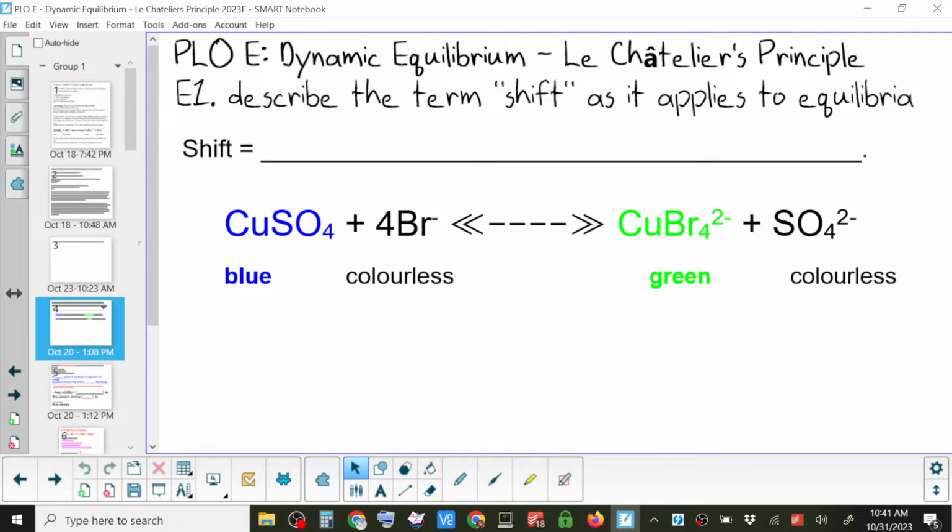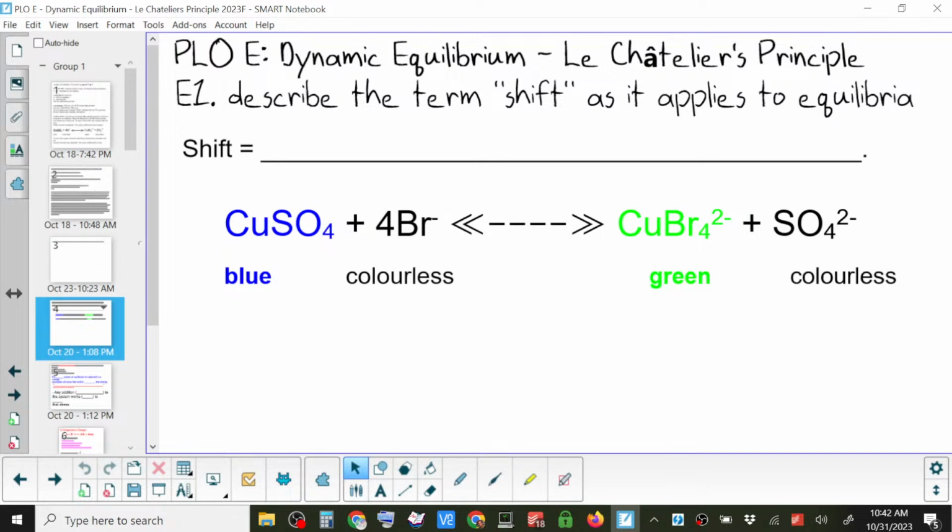I just wasted a lot of time. So we would expect that to go even bluer. Put that there to remind us which one's which.